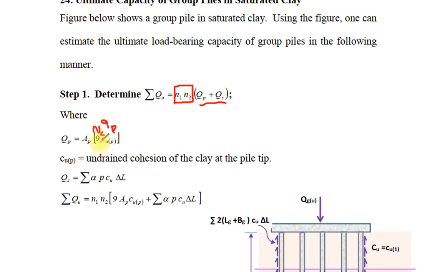NC equals 9, and Cu is the undrained cohesion of the clay at the pile tip.